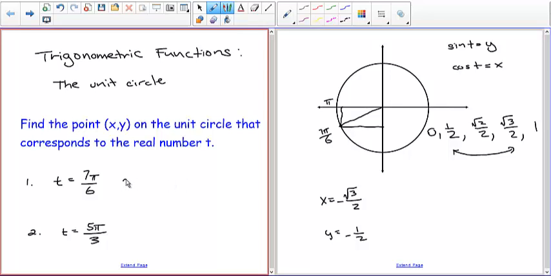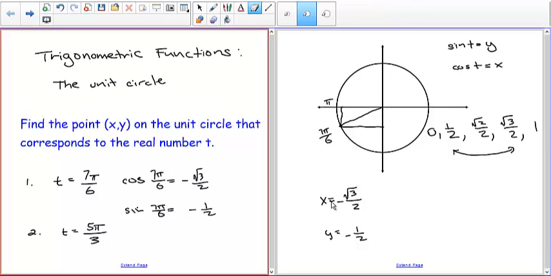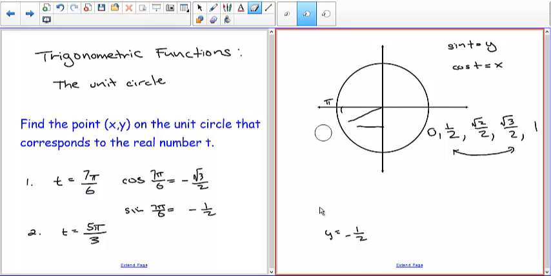So what I can say is that the cosine of 7 pi over 6, which is the x-coordinate, is going to be negative the square root of 3 over 2, and the sine of 7 pi over 6 is going to be negative 1/2. Okay, so let's erase all that stuff and do the next one.